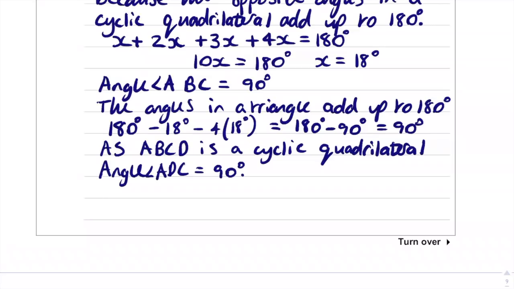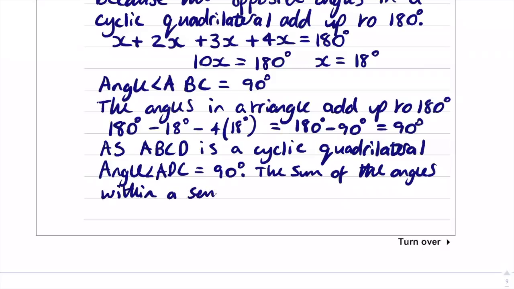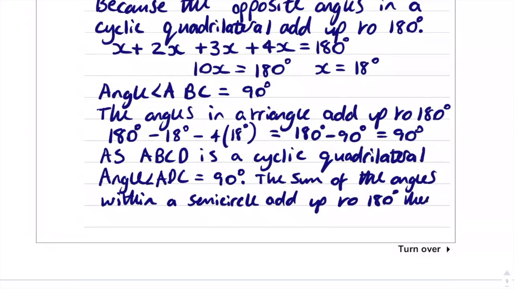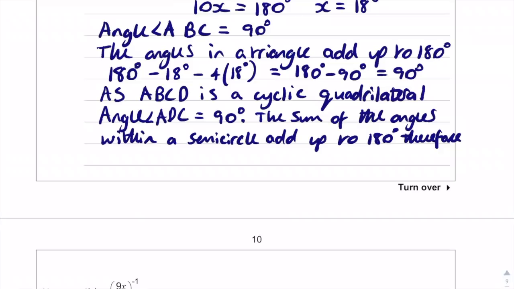And then to finish it off, we can say the sum of the angles within a semicircle add up to 180. Therefore, AC is a diameter.